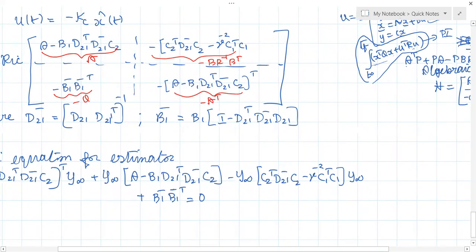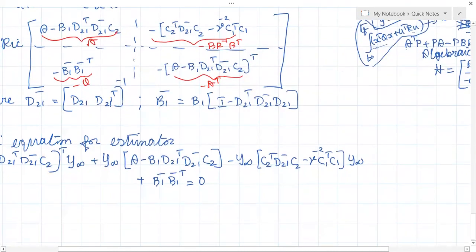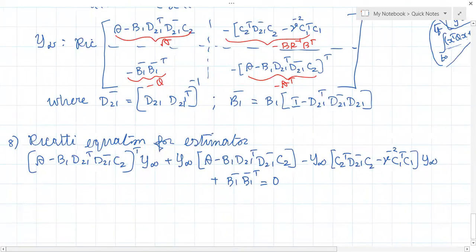In a similar way, you can write that. So this is the ARE for the estimator. Now we have to find the estimator gain.